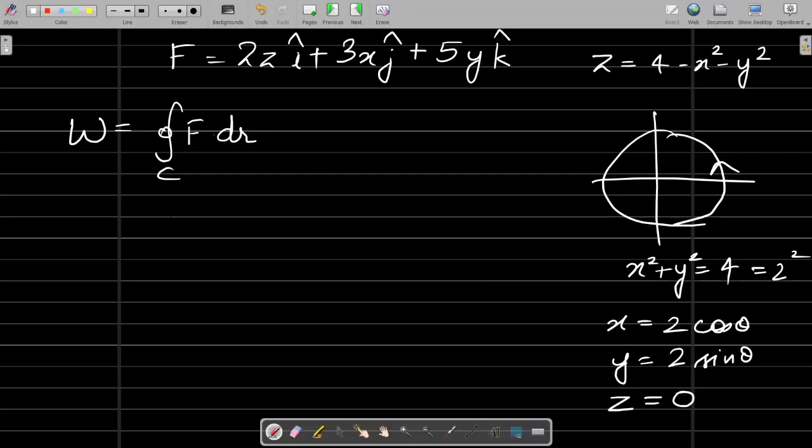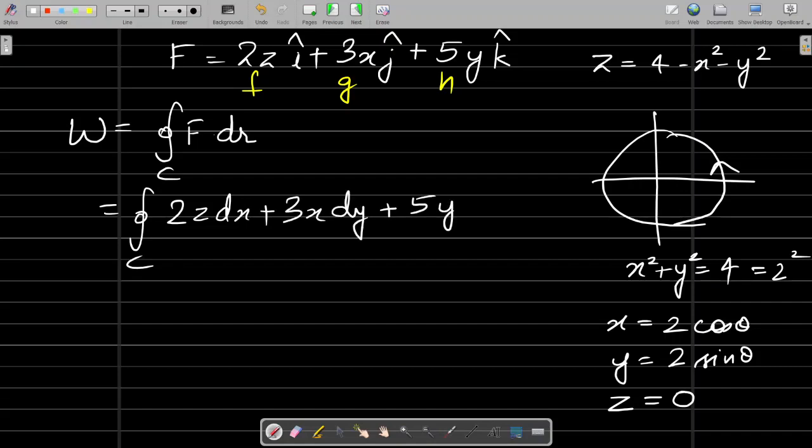That also you write down. So this is equal to integral over C, you are having 2z i, so F dx is 2z into dx plus G dy, so this is your F, G, H respectively. So you have 2z dx plus 3x dy plus 5y dz. Now z is equal to 0. The z component is equal to 0.